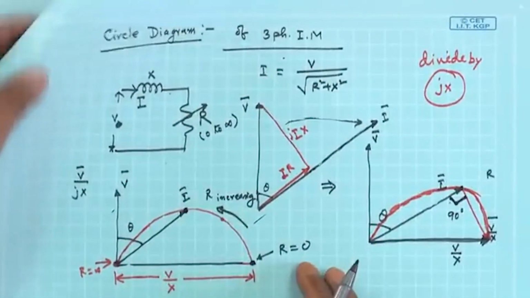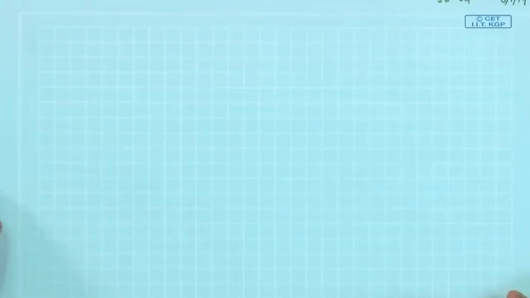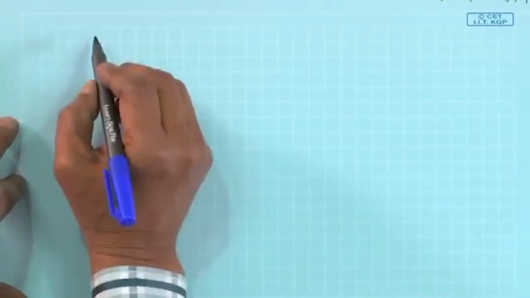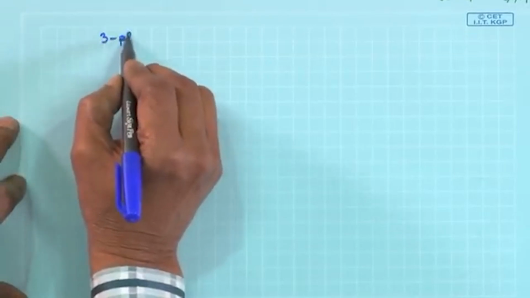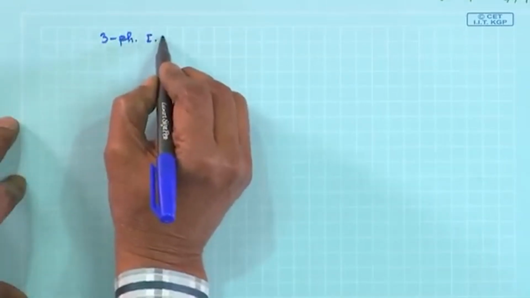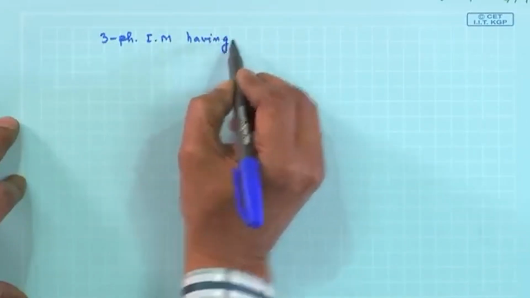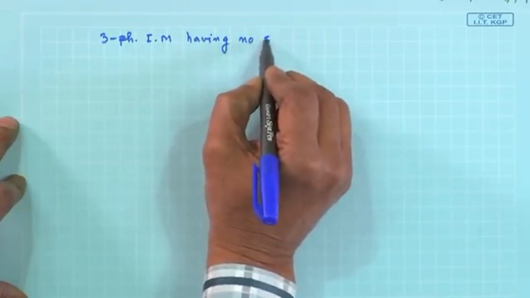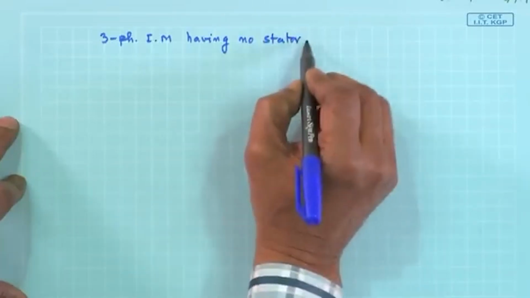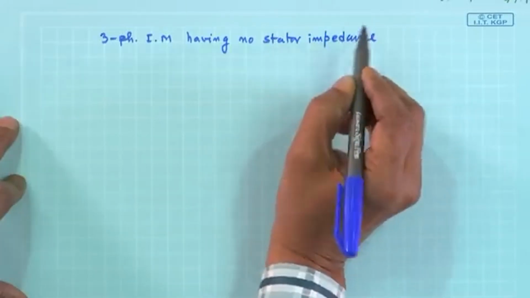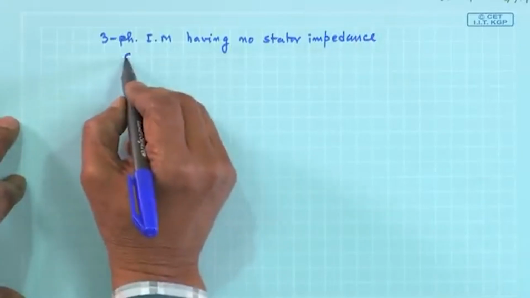Now, this particular thing can be applied to obtain the circle diagram of the induction motor. So, we will start first with a 3-phase induction motor having no stator impedance and also no stator loss.